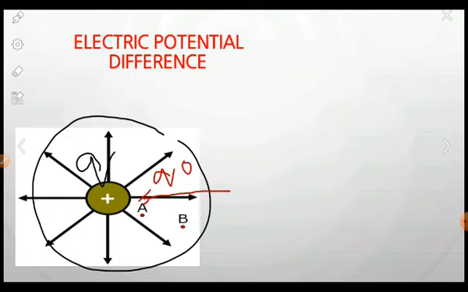And again here also, the work done is calculated considering Q naught is a positive charge.